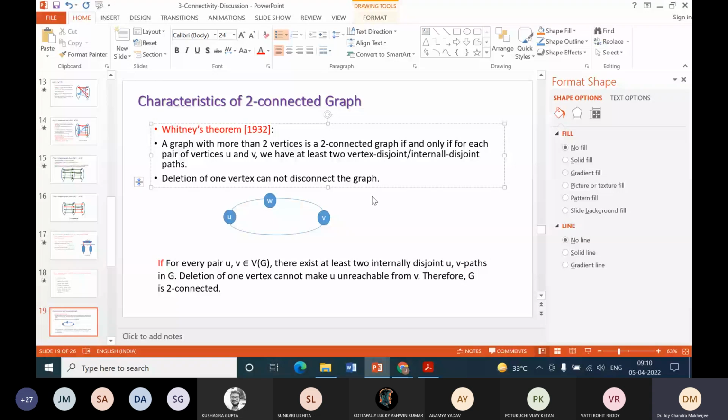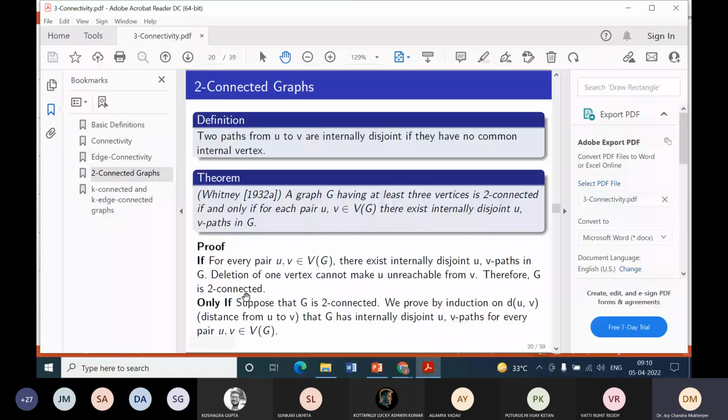Suppose I delete W, it cannot disconnect U and V. So it is a very straightforward thing, the if part. Suppose you took any pair U, V, there exist internally disjoint U-V paths in G. Now you delete any vertex of any one of these paths, but that doesn't make V unreachable from U. So it's two connected.